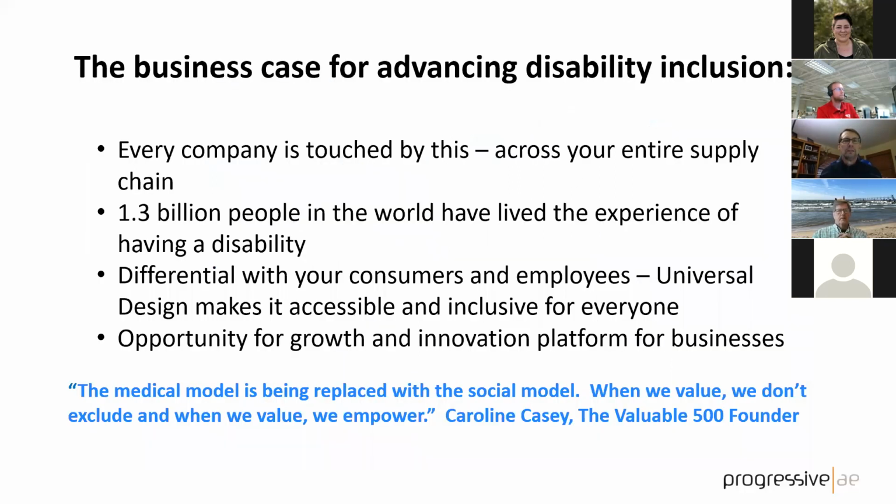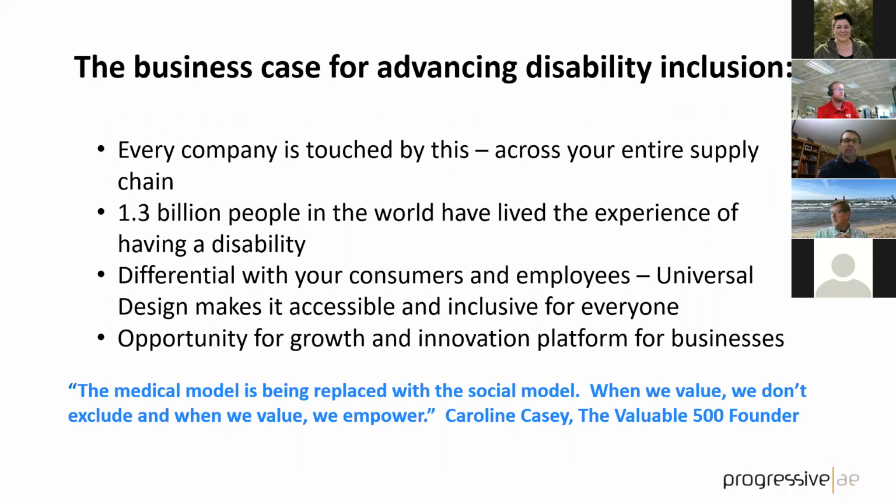Next. So there's a business case for really advancing inclusion when it comes to disability. And what we have found working with these global companies is that they're touched across their entire supply chain, because it's about people, and people are connected to their entire supply chain. And again, as I mentioned, there's 1.3 billion people who have a disability.